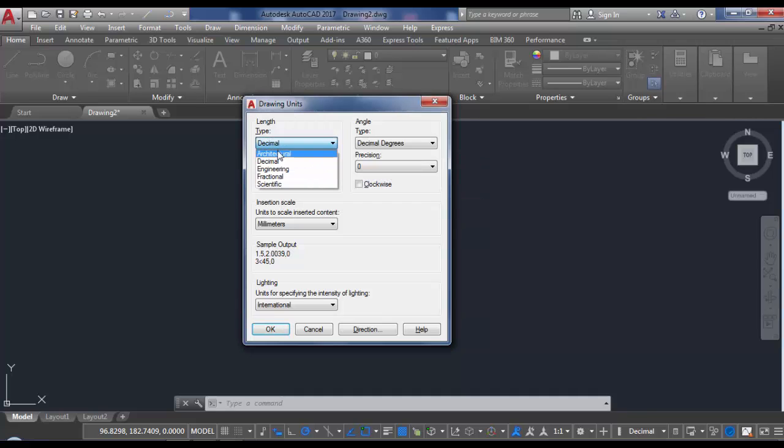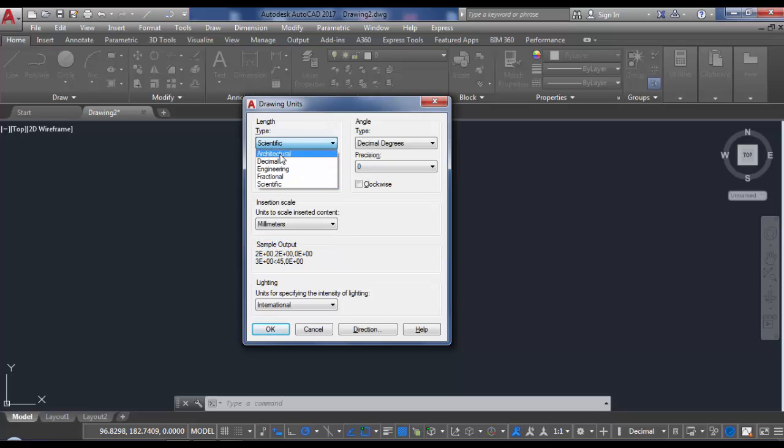If we go for architectural, then we use the feet system. Engineering is also for the feet system. Fractional means 1 by 2, 1 by 4, or any length we can measure in fractions. Scientific uses the exponential system.